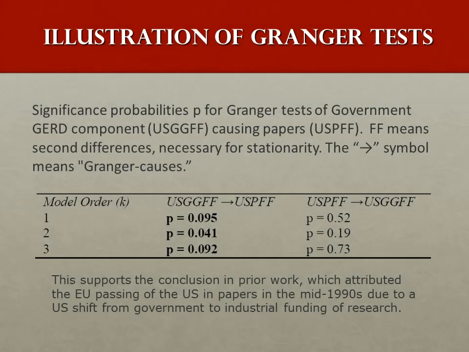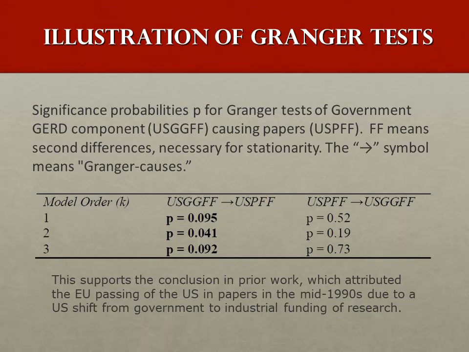Here are the results for the United States. In the first column there is a statistical test to see whether the United States government GERD, USGG, the FF means that you have to difference it twice in order to get a stationary time series, which is required for the Granger test. Does that cause the US paper second differenced variable?